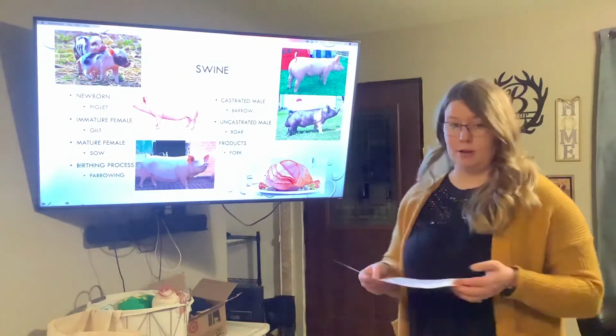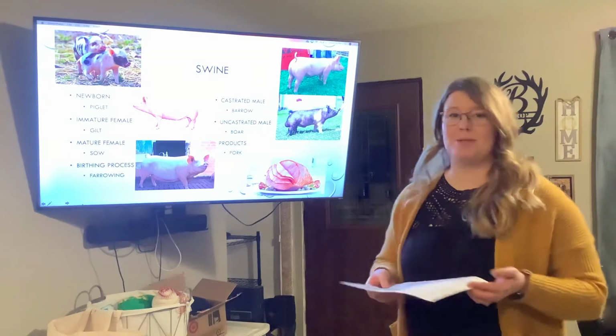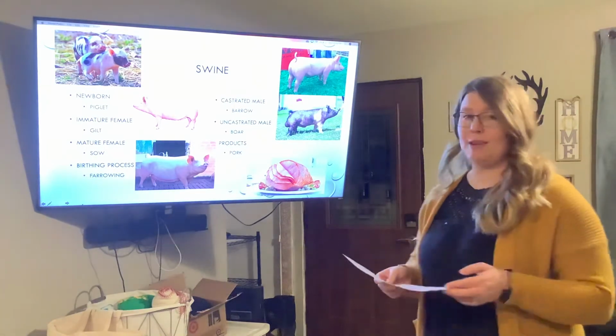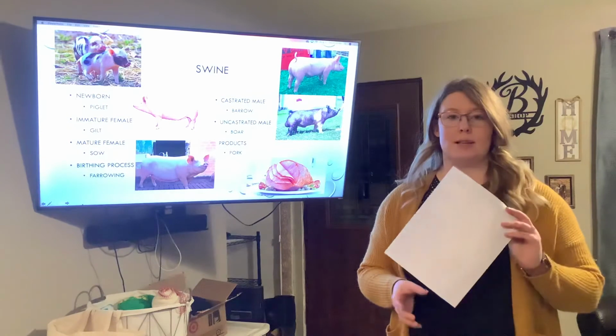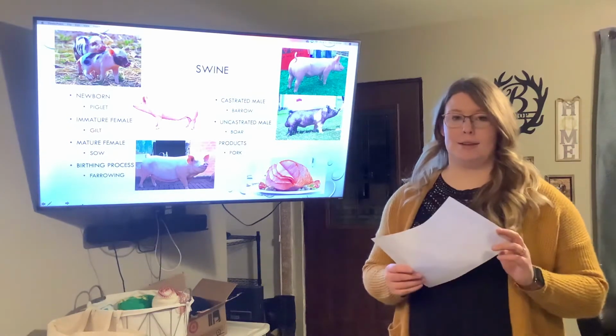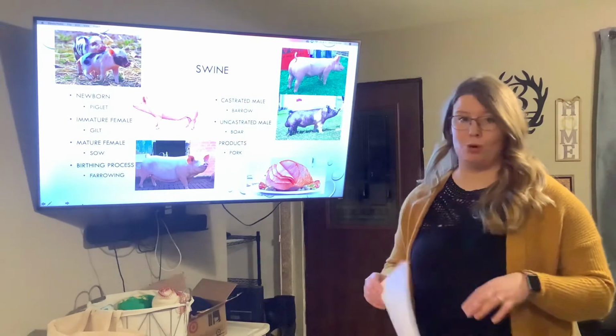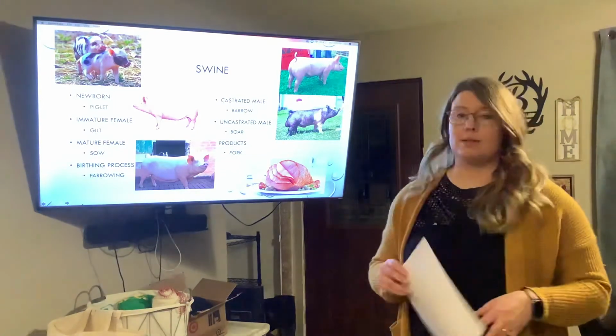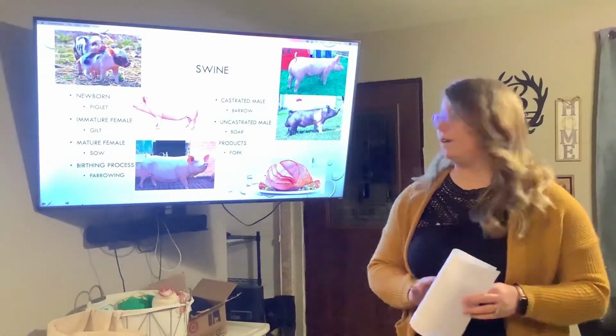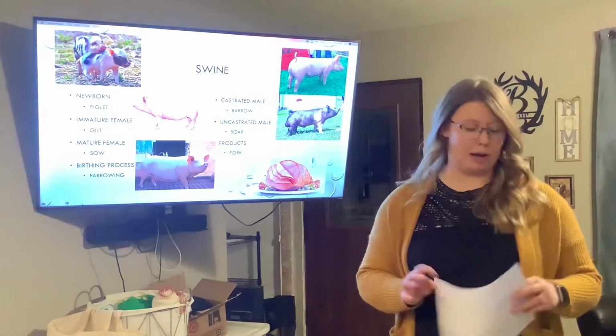Meat, I hope you guys know this one, is pork. Birthing process. This is one of the birthing processes that does not correlate with the newborn name. So the birthing process of swine or pigs is called farrowing.